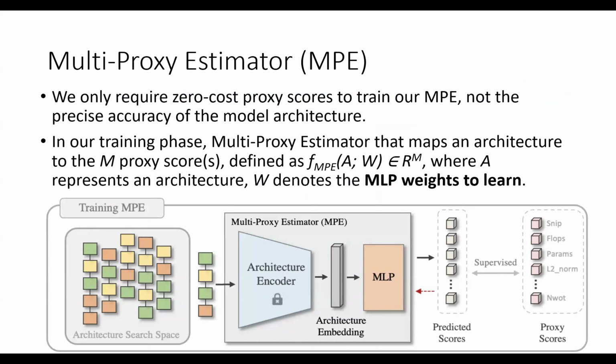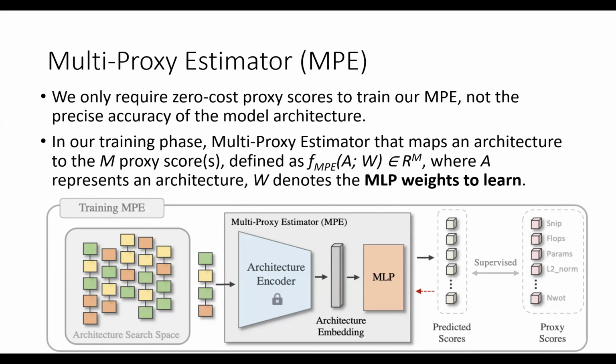So in our approach, we only require zero cost proxy scores to train our multi-proxy estimator and not the precise accuracy of the model architecture. In our training phase, we assume that the architecture encoder trained by VGAE is available. For any architecture, we can leverage this encoder to convert the architecture into an embedding.